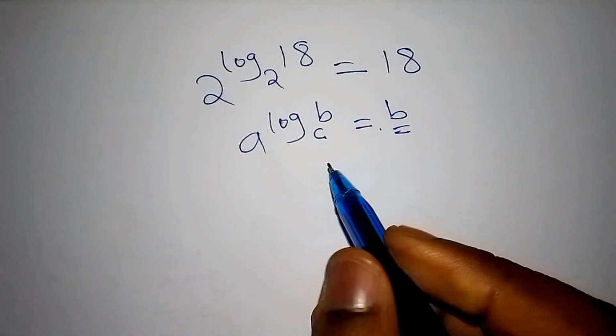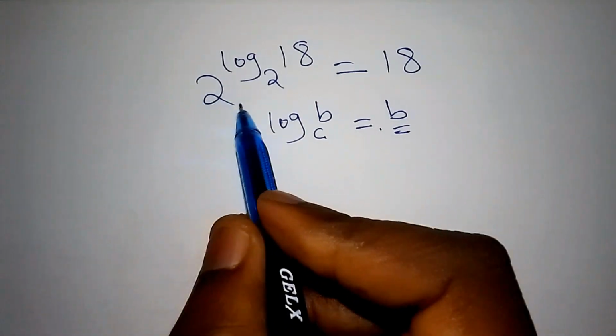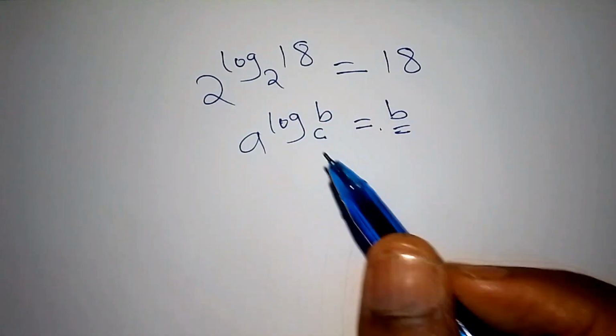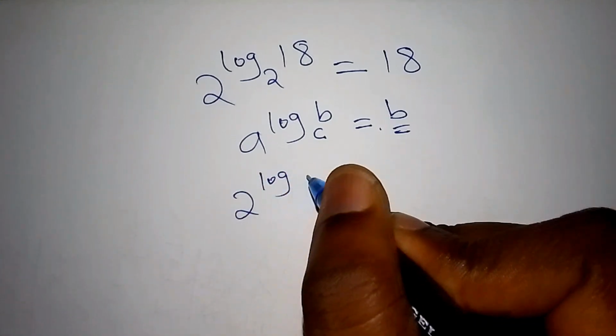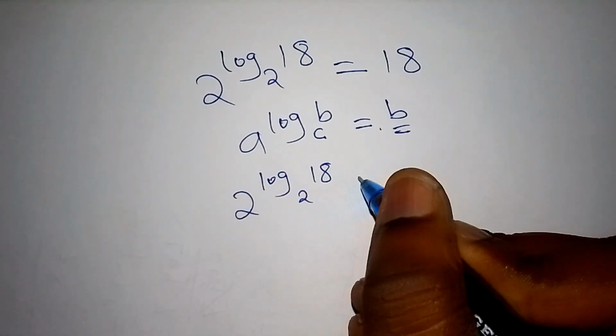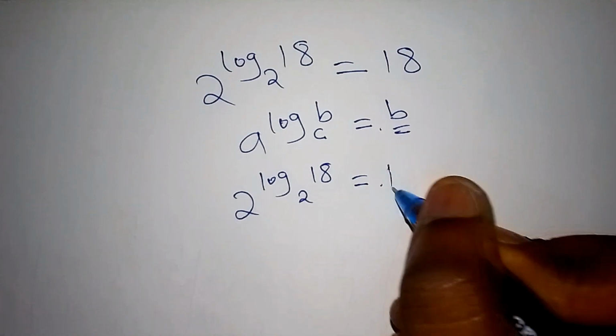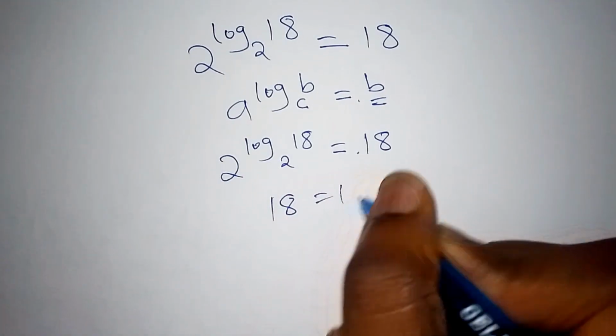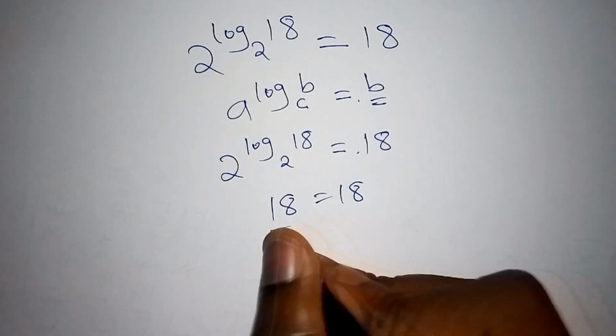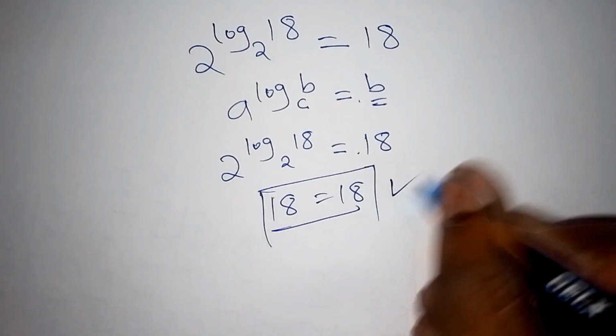That means 2 to the power of log 18 base 2, the answer shall be 18. So 18 is equal to 18, which means that we are correct.